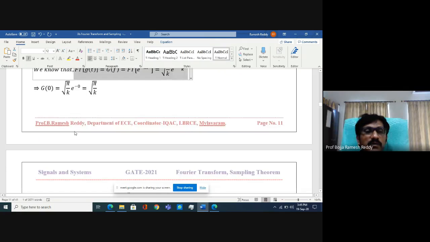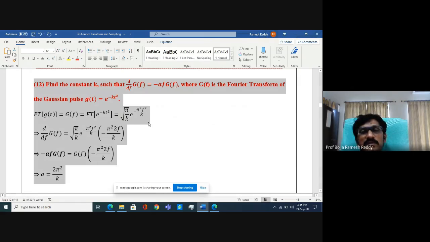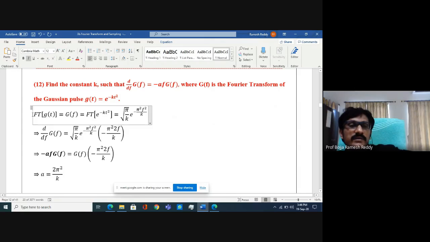Now, another important question, also given in the GATE examination, is about the Gaussian pulse once again. g of t is equal to e power minus kt square. They ask: find the constant k such that d by df of G of f is equal to minus a f G of f, where a is a constant and G of f is the Fourier transform of the Gaussian pulse e power minus kt square.